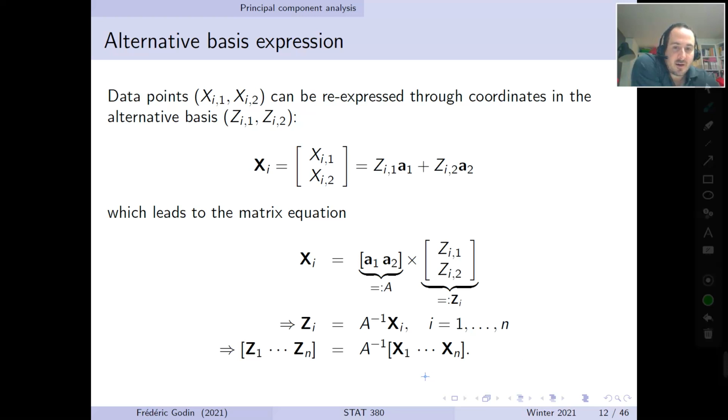If we compare with a regression setting, this is basically the design matrix without the row of ones, of course, but the design matrix that is transposed.